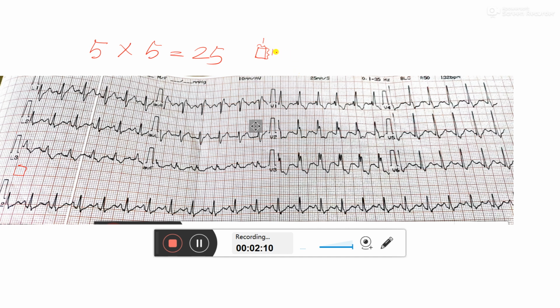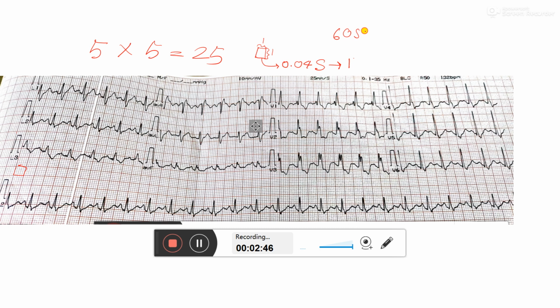And this horizontal 1 millimeter means a duration of 0.04 second. So 0.04 second is one small square.